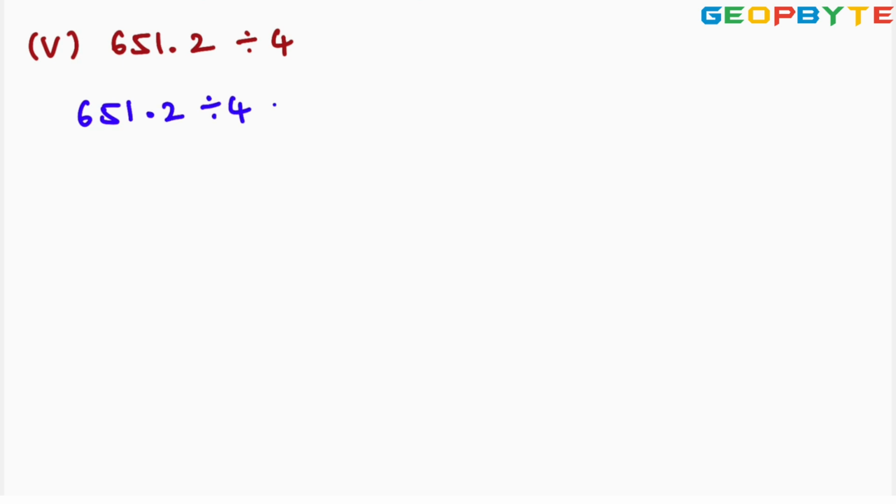Next, fifth one, 651.2 divided by 4. The given decimal number is 651.2.